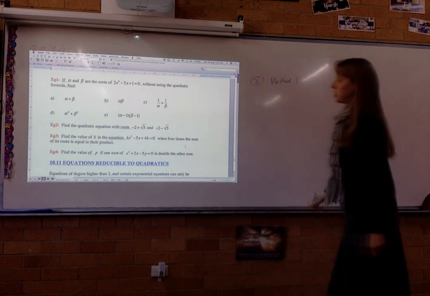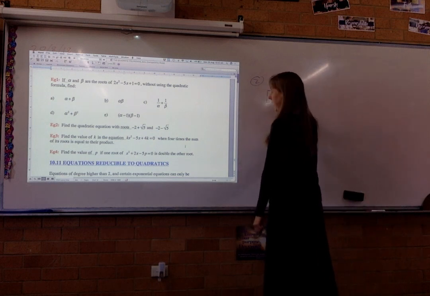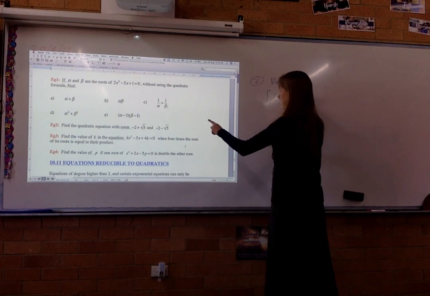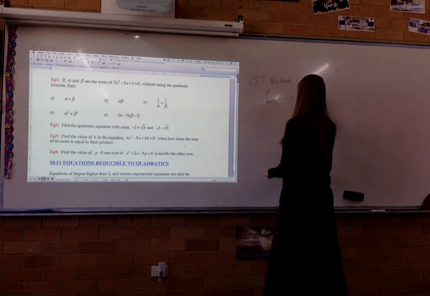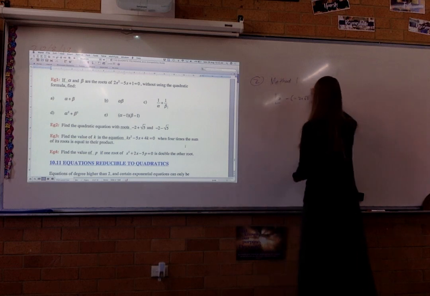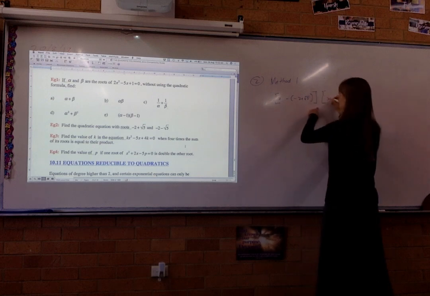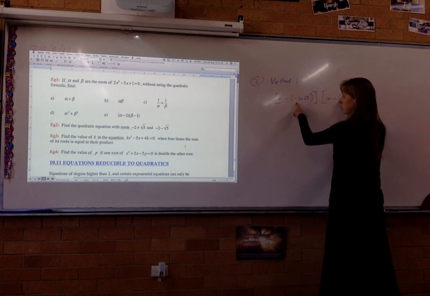Method 1. So if they're the roots, we could just say that this is x minus 2 plus root 5, then multiply that by x minus 2 minus root 5, equals 0.